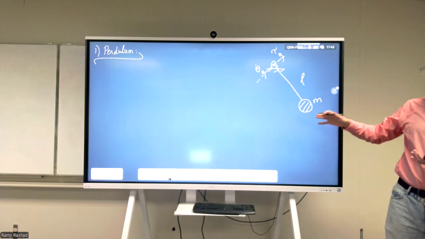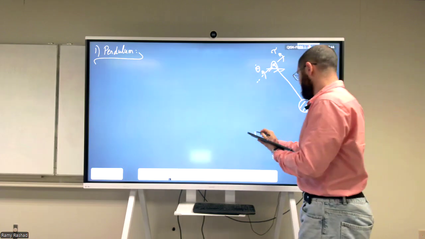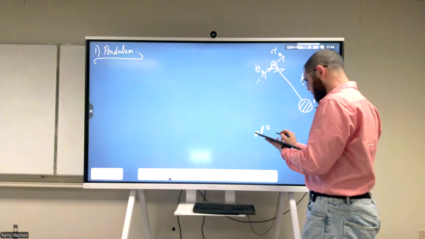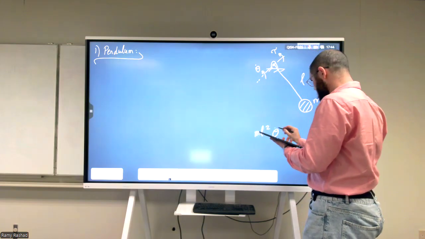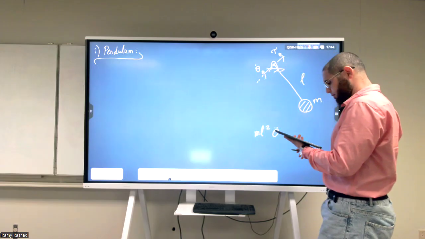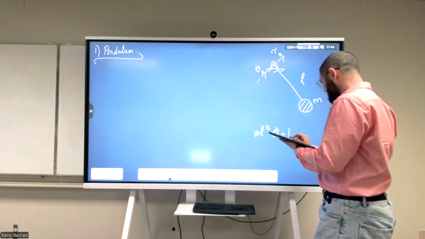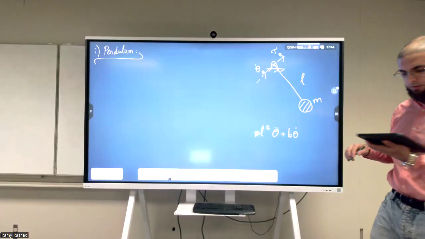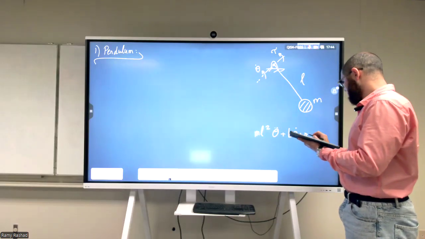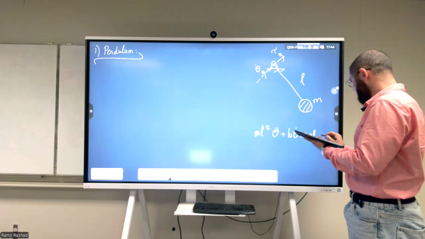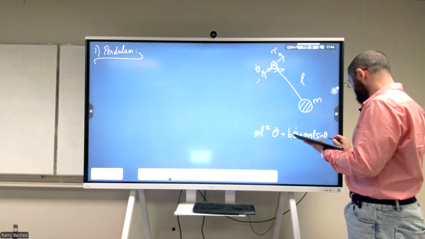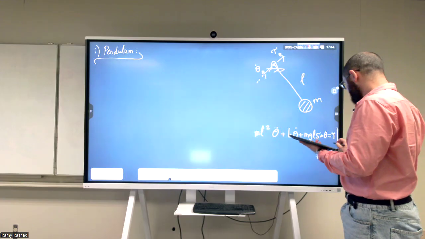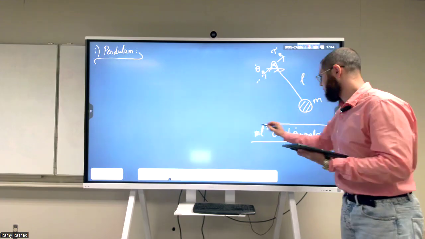So the equation of motion of this kind of system, you should be familiar with from basic mechanics courses: ml squared theta double dot plus b theta dot, where we assume b is some friction in the joint, plus the gravity effects, mgl sine theta, is equal to the tau applied on the pendulum.